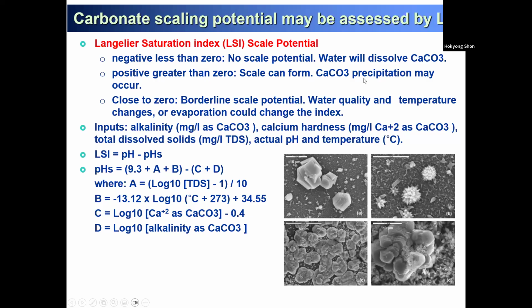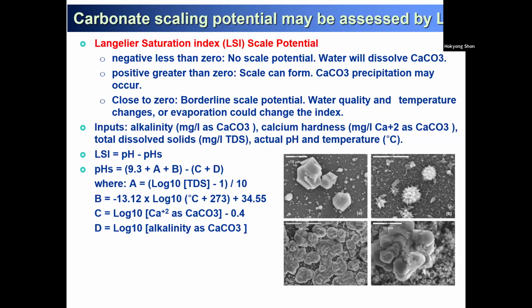Calcium carbonate precipitate may occur. Close to 0, borderline scale potential. Water quality, temperature changes, or evaporation could change the index, and input the alkalinity, calcium hardness, total dissolved solid, actual pH. Overall, this condition will impact LSI value. So LSI value is equal to pH minus pHs.